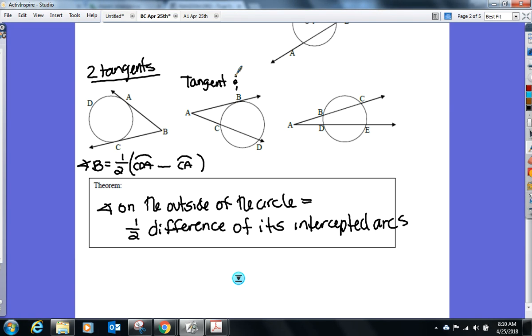So it would be a secant, intersects the circle twice. Tangent and a secant. All right, now tell me how you would find angle A. Which arcs are you subtracting now? Make sure the one's in between. There you go, BD minus BC. Excellent.